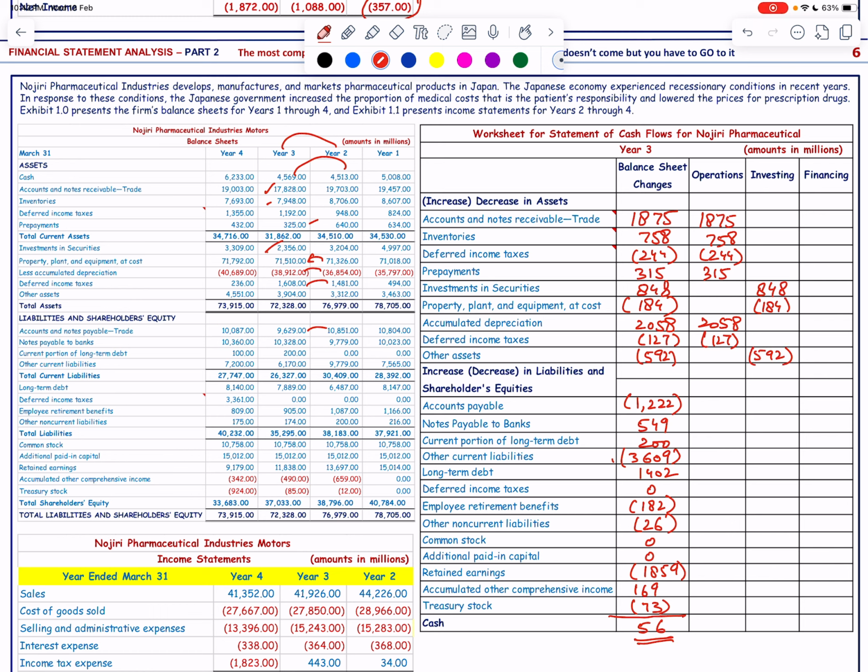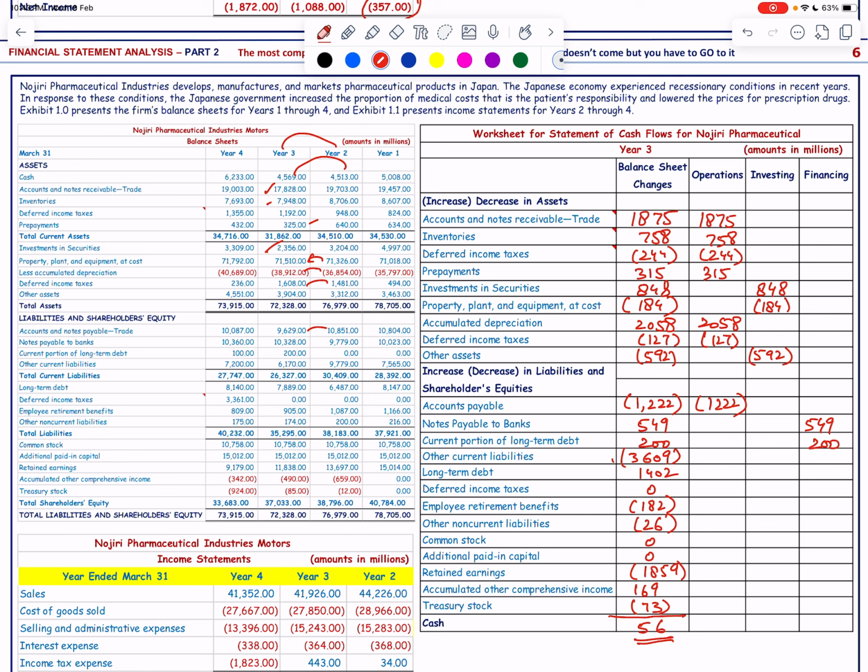Then we have accounts and notes payable, that is 1222 in the operations. Then we have the notes payable to banks, that is 549. Notes payable is obviously a financing activity, 549. Then we have current portion of long-term debt, financing, that is 200.